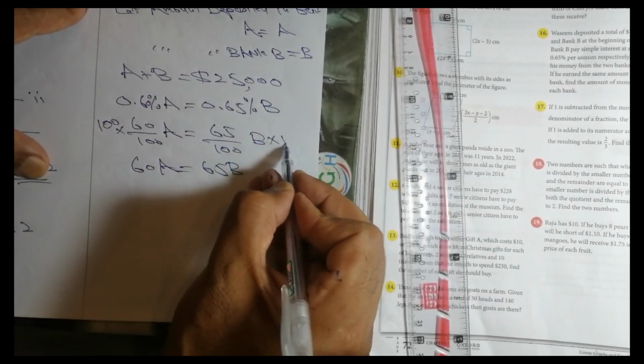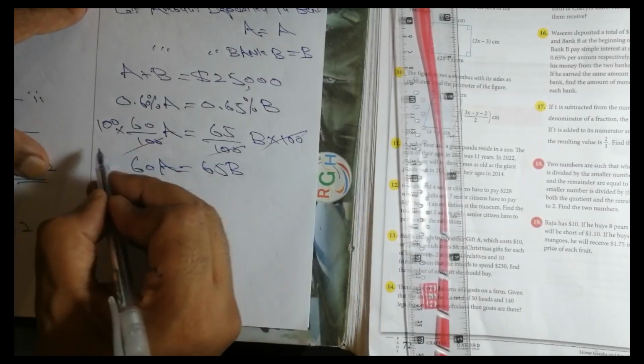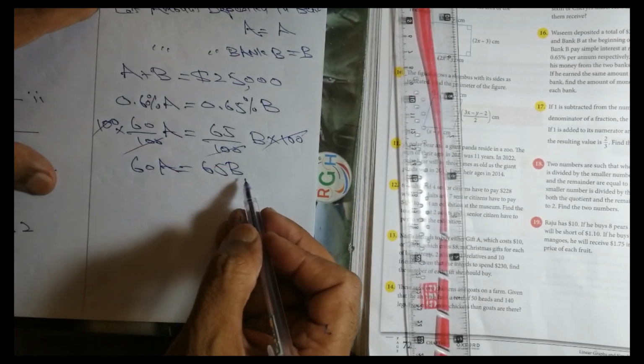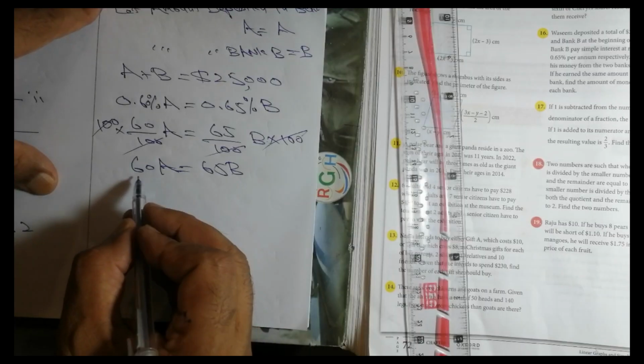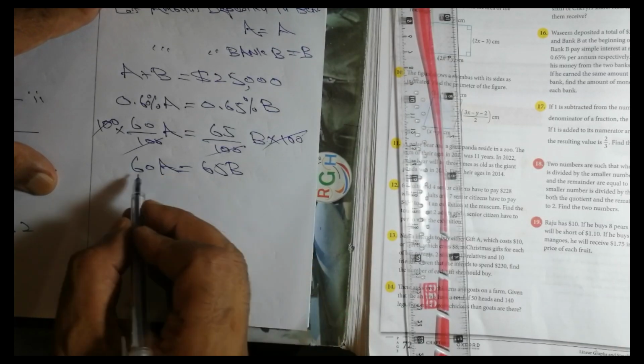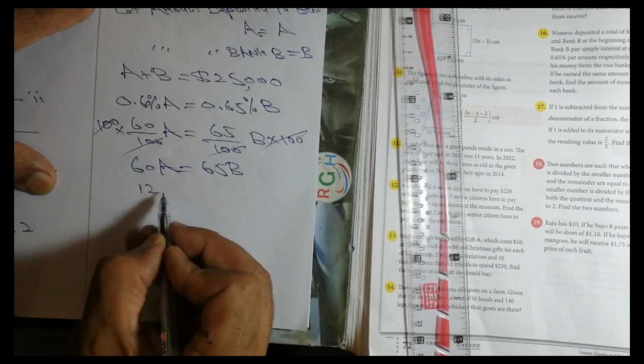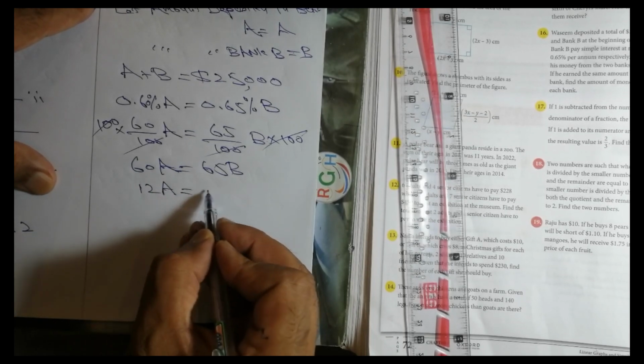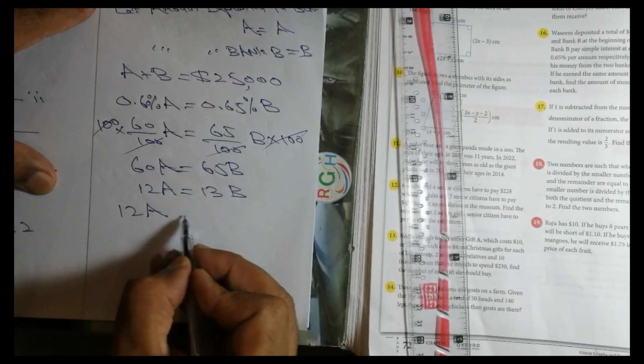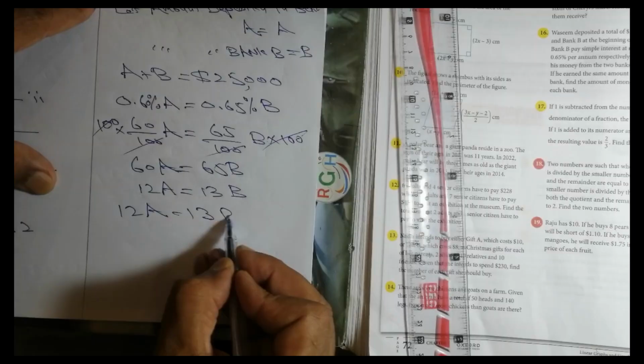So if we multiply by 100 both sides, this is cancelled. So 60A equals 65B. Now we can divide by 5 both sides. So this will be 12A, this will be 13B, and 12A minus 13B is equal to 0.